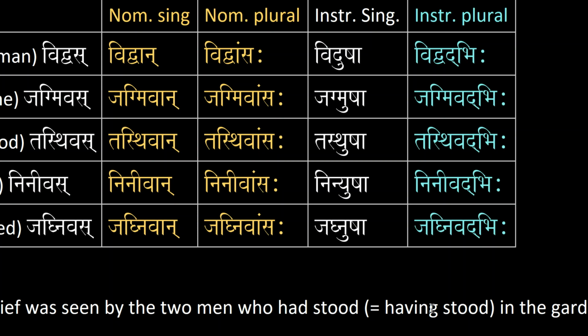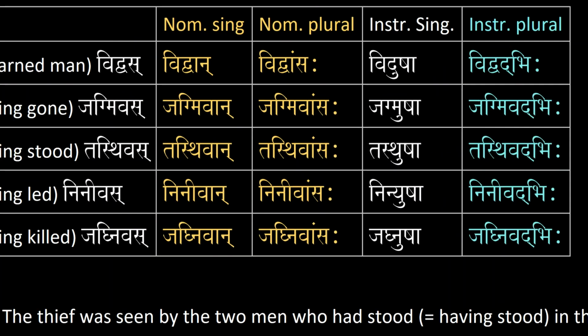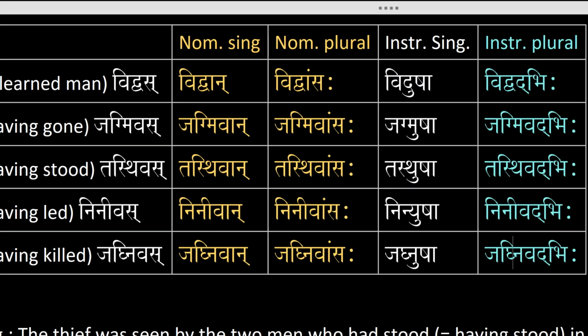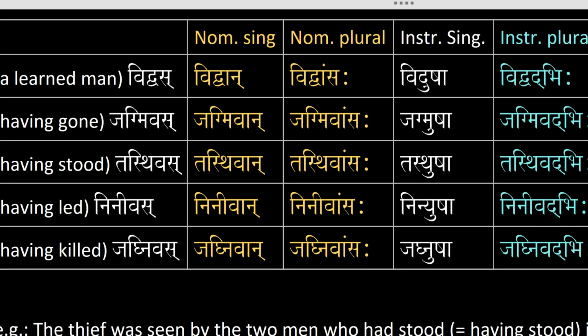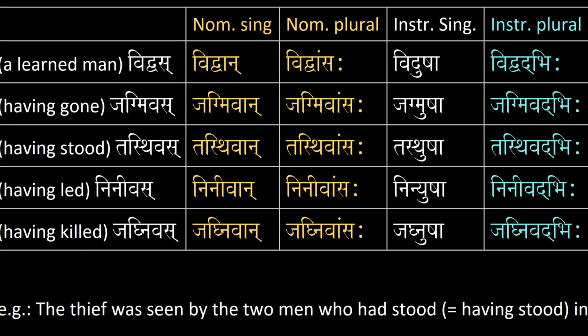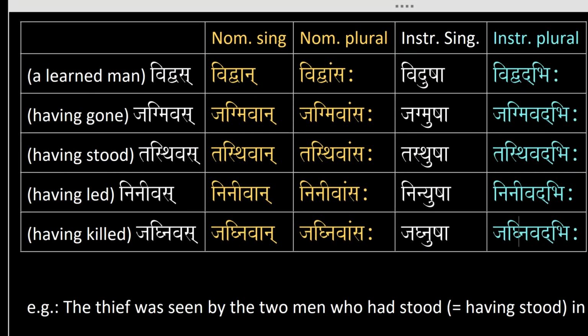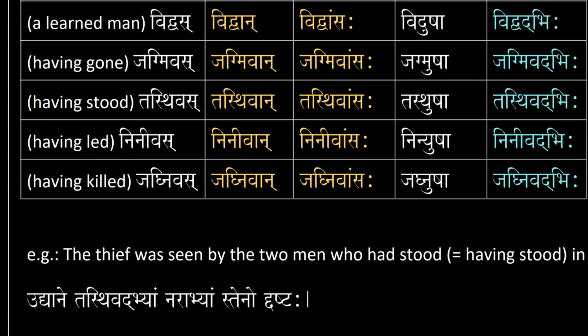For the instrumental plural, we have jagnivadbhi. So these are all stems with case endings, according to their number and case, added on to these stems. So then you'll have an idea how to use these types of adjectives.